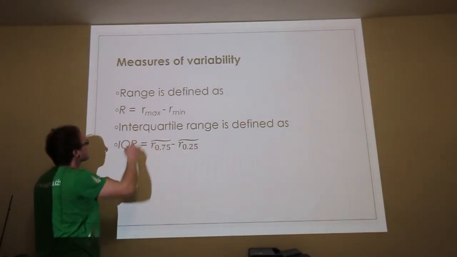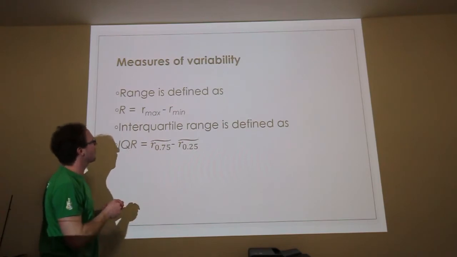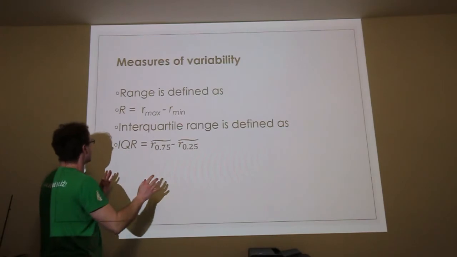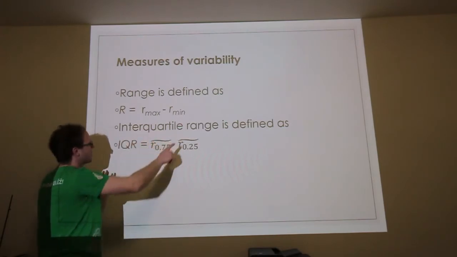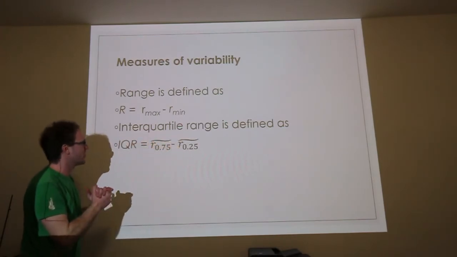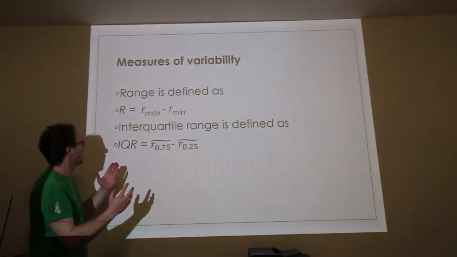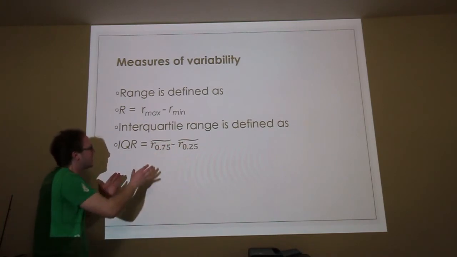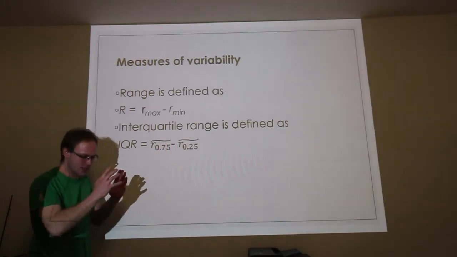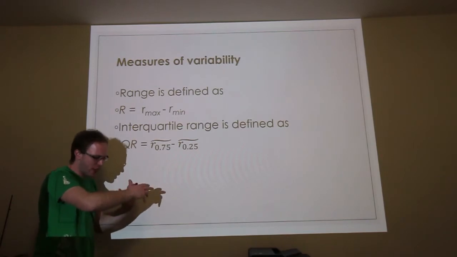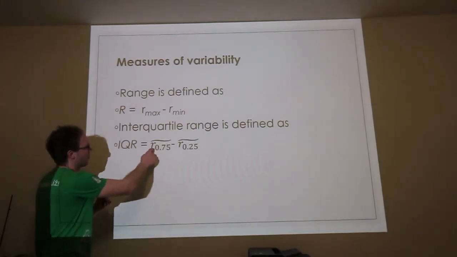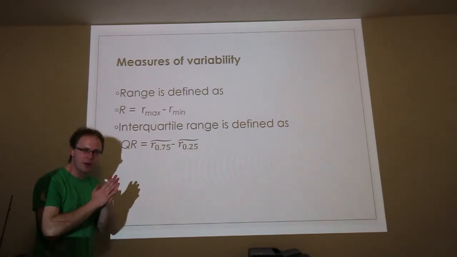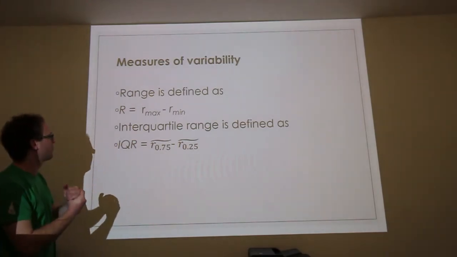In the first case, this R is calculated as the difference between the maximum and minimum value, and for the interquartile range, it's necessary to calculate the difference between two quartiles, the upper quartile and the lower quartile. The upper quartile is 0.75 and the lower quartile is 0.25.